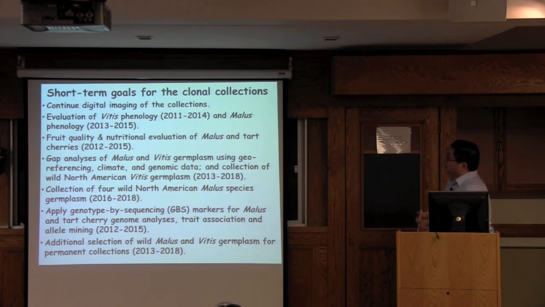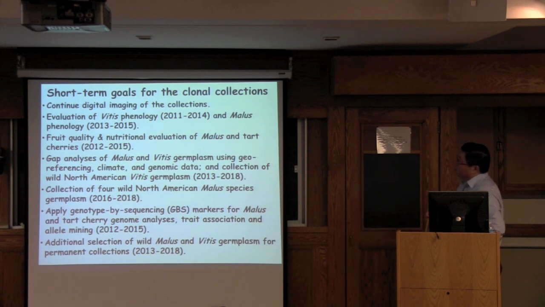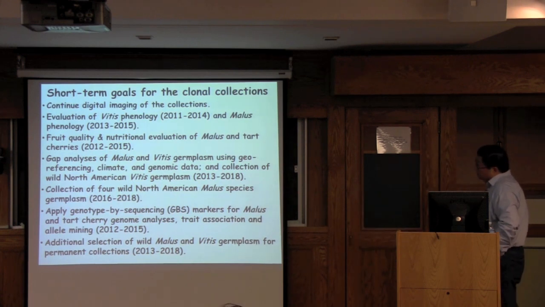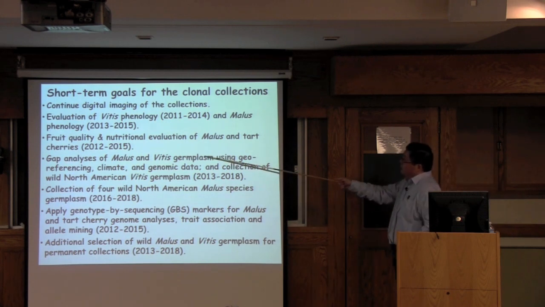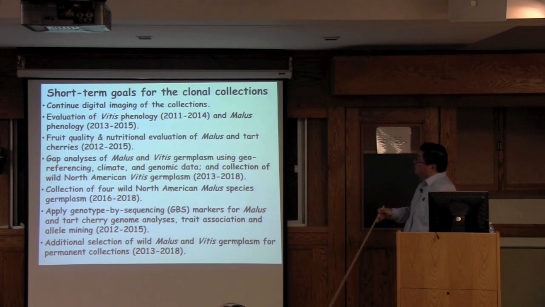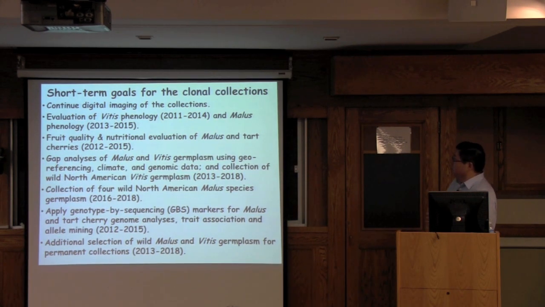We're continuing the food quality and nutritional evaluation for the Malus and tart cherry, work we started last year. We're also going to carry out a gap analysis for the Malus and Vitis germplasm material, using different geo-referencing data, climate data, and also genomic data when it's available.